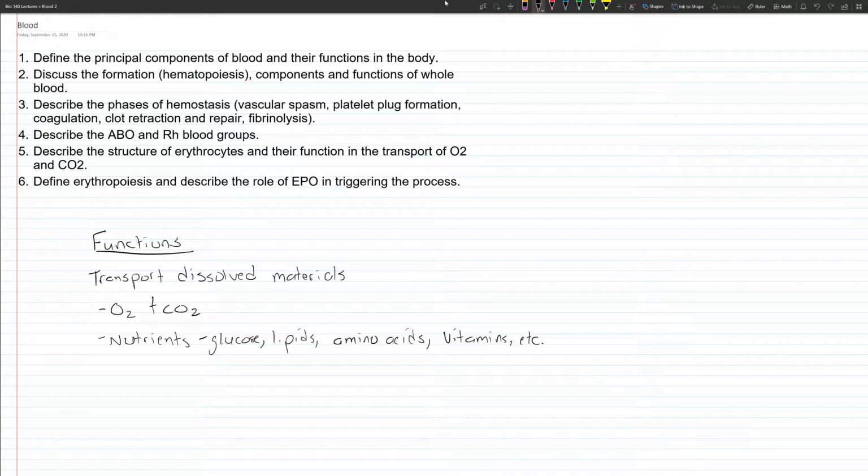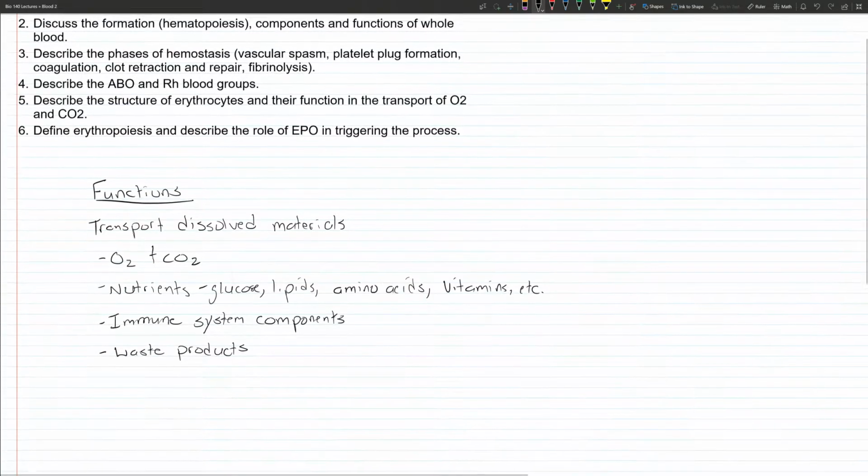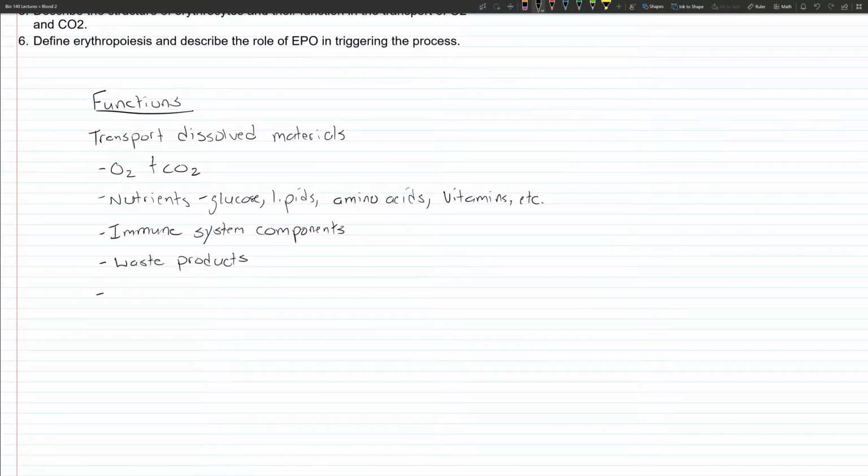It is there to transport immune system components, and basically these are immunoglobulins. It is there to transport waste products. Blood is also important in the regulation of pH, because you know normal pH is 7.35 to 7.45.